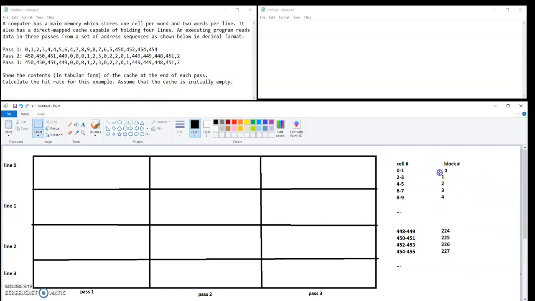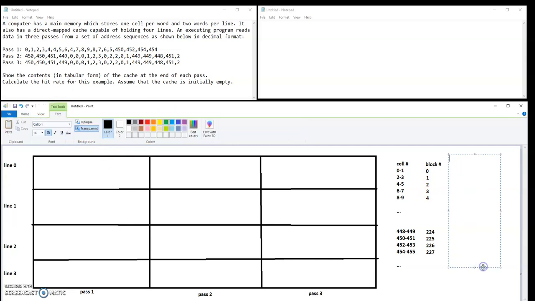And it's the blocks that get mapped to lines of cache. Remember that. It's not actually cells. So block number, and let's keep going. Line number. Block 0 goes in line 0. Block 1, block 2, block 3.